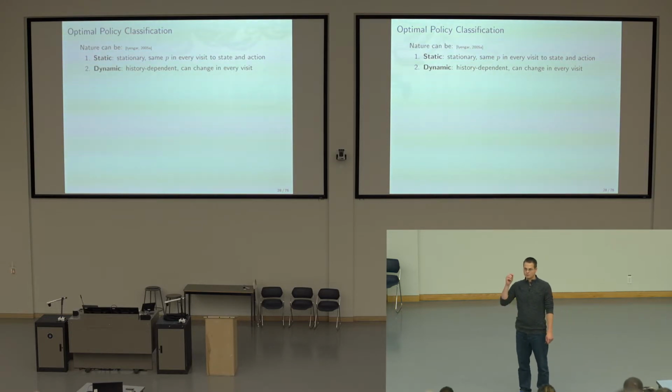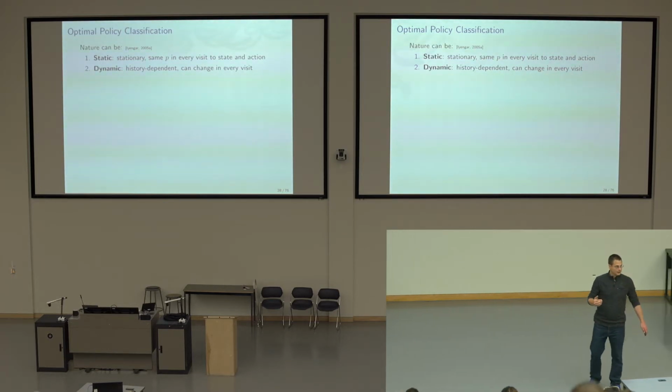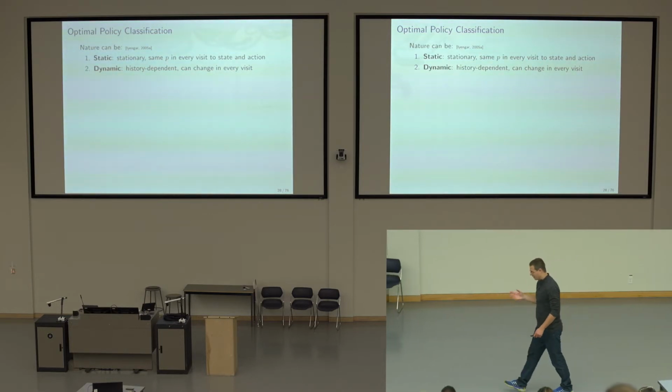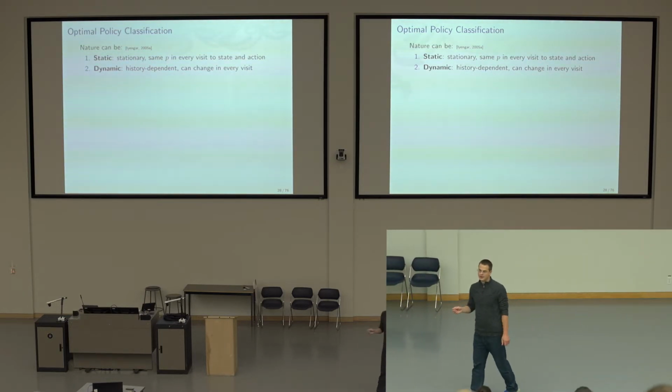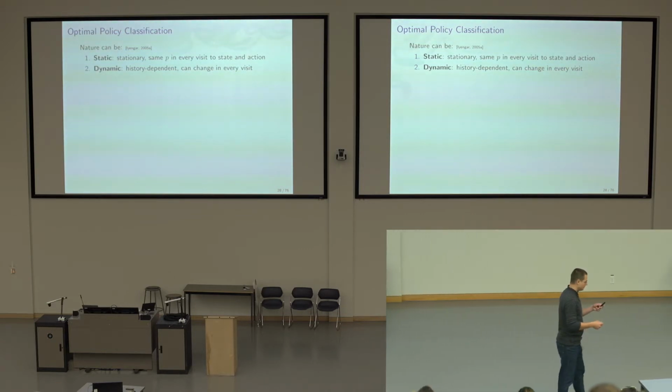That means once it introduces some kind of error to some state, it has to use that same error every single time you come to that state. So it's static, it doesn't change. Another option is that the nature is dynamic. Nature can change what it does every single time you visit a state.